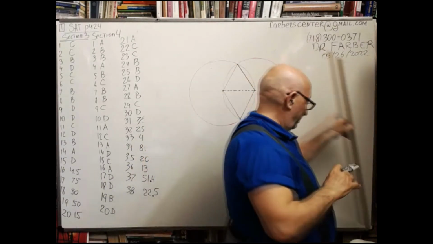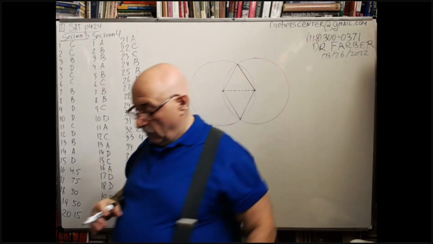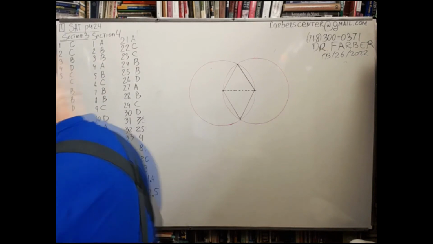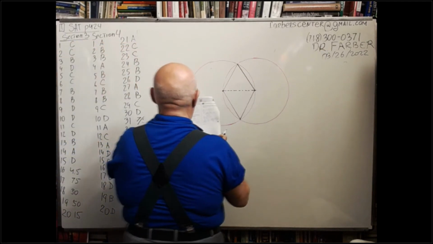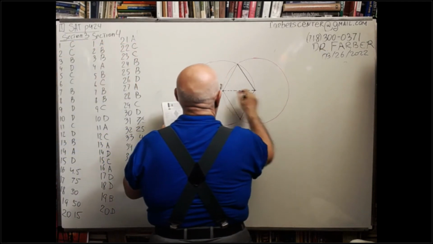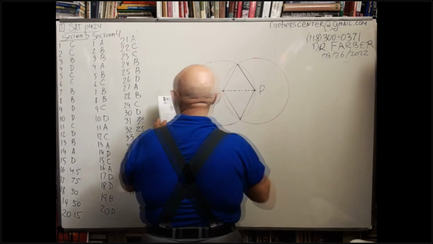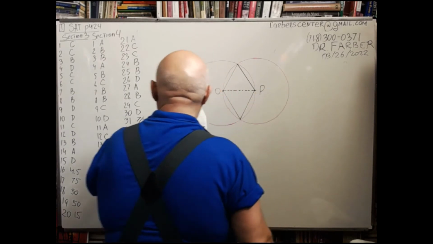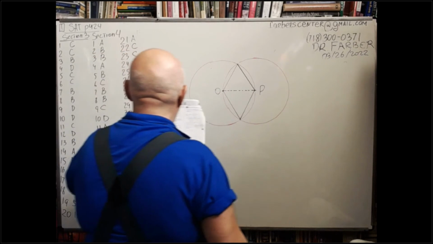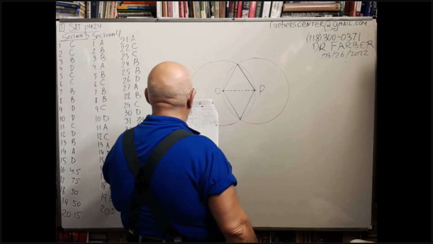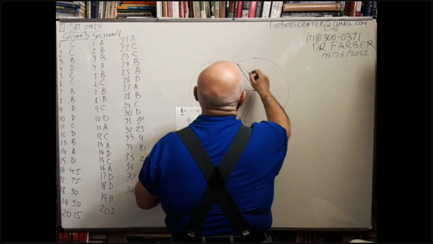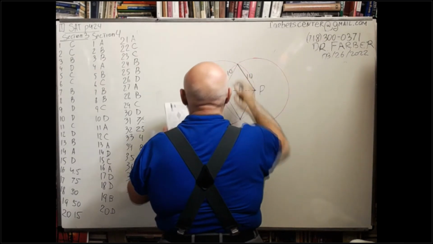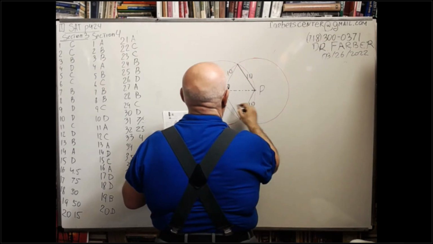And what is given? This is C, and this is O, this is P, the centers. The lengths of the radii of the circles are 10, 10, 10, 10, 10.